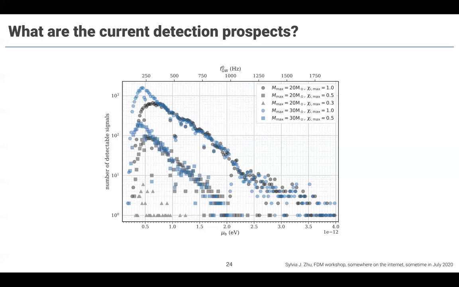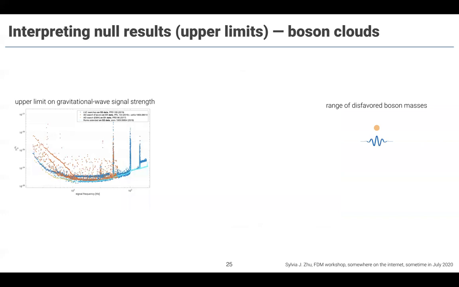And so you can play this game. What we did was we looked at 5 different black hole populations to predict the number of signals that come from boson annihilations for these populations. Now, of course, spoiler, we haven't detected anything yet.